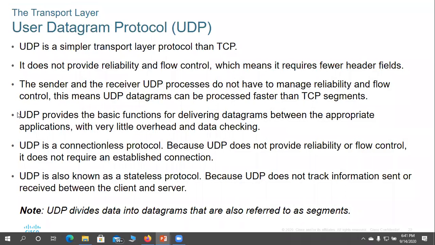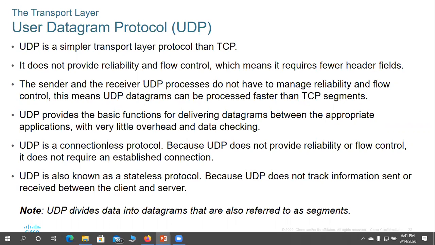UDP is simpler than TCP. It is not reliable, meaning that there are no acknowledgements with UDP. So when you're sending an email or downloading a file, what you use there is TCP.